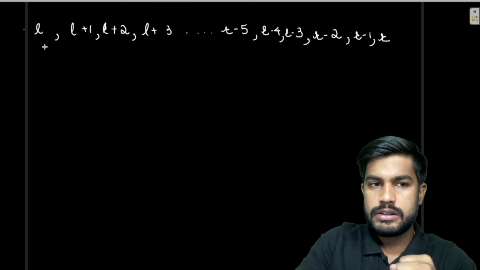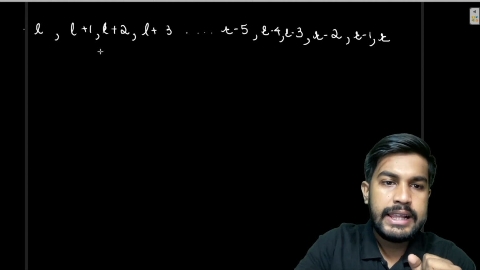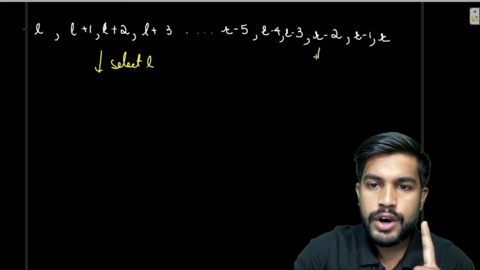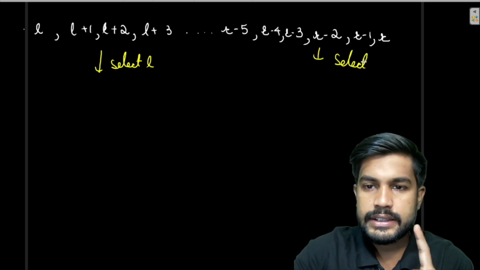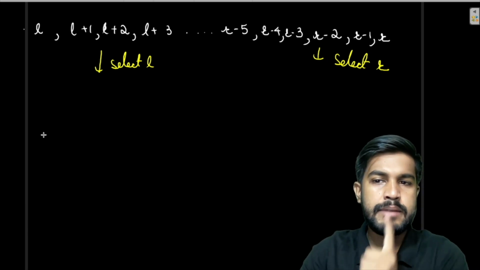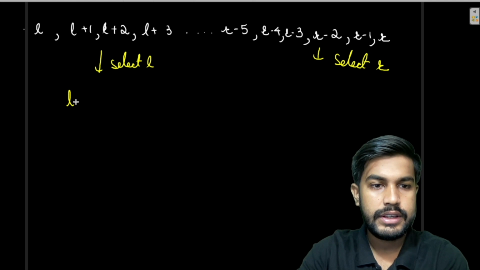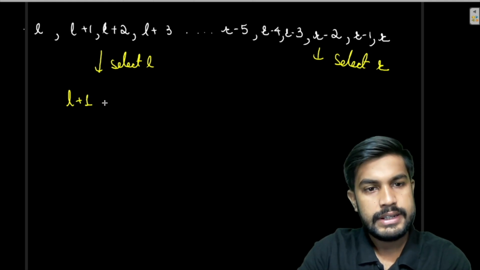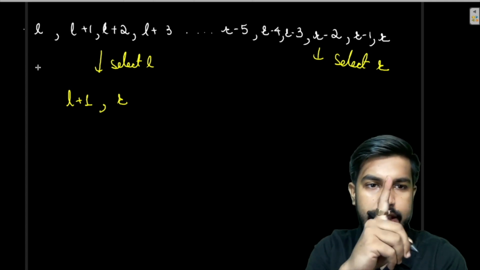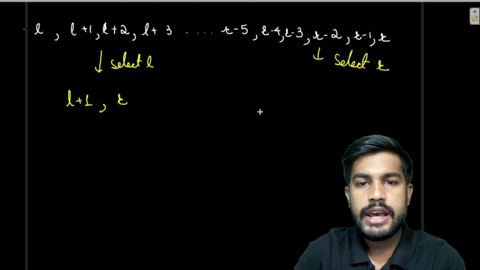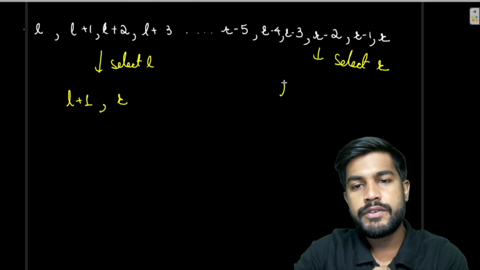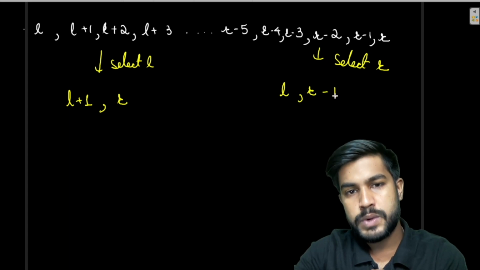I have this L and R. So now I have two options. Either I would select L, or I would select R. If I select L, then my opponent would be left with L plus 1 till the value R, because I have used this L. In the same manner, suppose I have selected the R value, then my opponent would be left with L comma R minus 1.